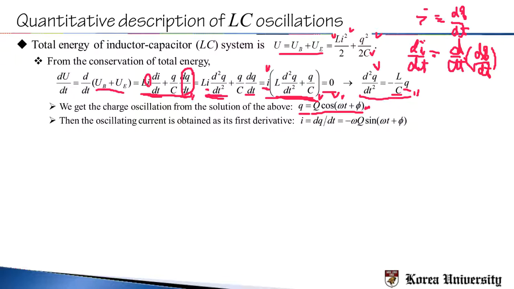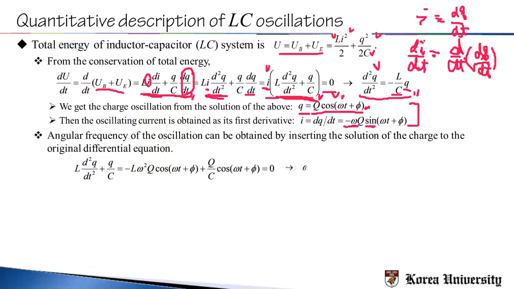Cosine becomes minus sine, and when you take the derivative, this omega comes out. This is why you have this omega. The reason we do this is that we want to put this back into the differential equation and find what this omega will be.